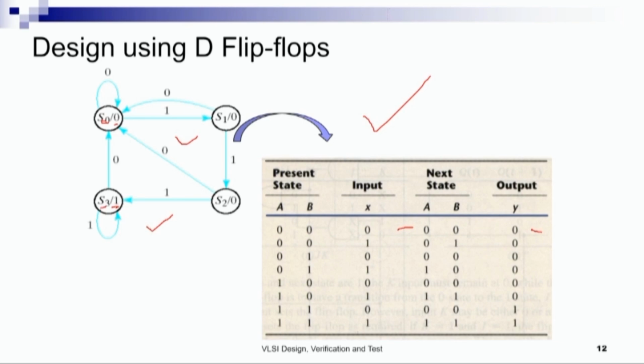When the present state is 0, 0, and the input is 1, we produce the next state 0, 1, that is we go to S1, and the output is again 0. At S1, when the present state is 0, 1, and the input is 0, we go back to state S0, and the output is 0, and likewise we proceed.